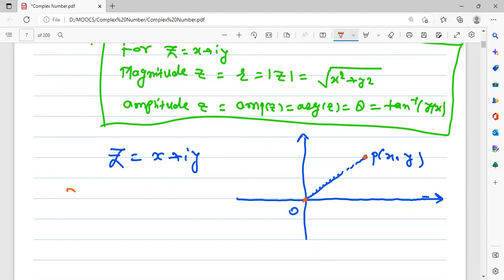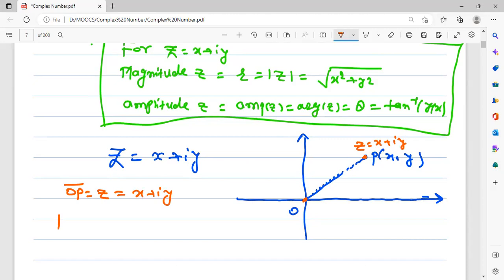Now, this distance OP is nothing but z, which is equal to x plus iy. Actually, this OP is nothing but a vector. This is our complex number z equal to x plus iy.